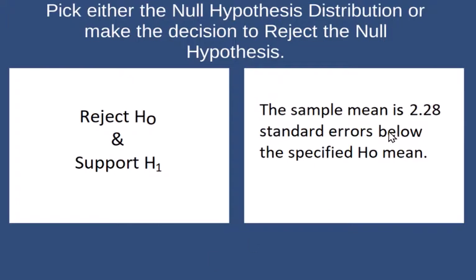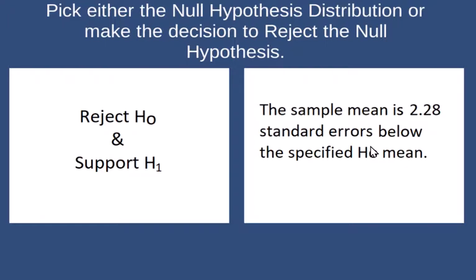Okay, here we're told the sample mean is 2.28 standard errors below the specified null hypothesis mean. So again, think about a z-test. The z-test tells you how far the sample mean is, in terms of standard errors, from the specified null hypothesis mean. It says that it's 2.28 standard errors below, so that's a z-test of negative 2.28.